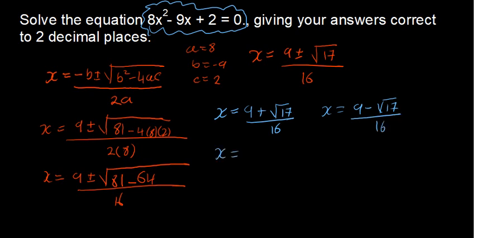It is 4.123105626, divided by 16. I'm writing all of it because I'm just going to round off the final answer. I advise you, only round off the final answer. The rest, write it the way it is.